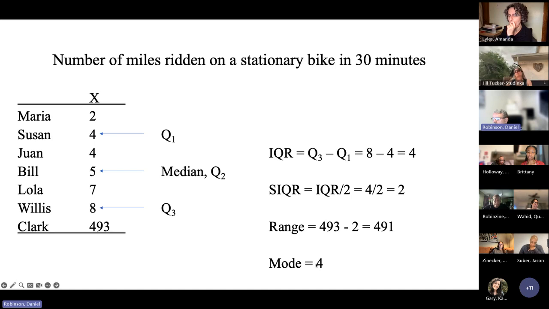Okay, and then the mode is simply the most common. And when you have categorical data, the mode is really the only measure of central tendency that's appropriate. For example, let's go back to a simplified version of gender, where I'm going to assign males 1 and females 2.